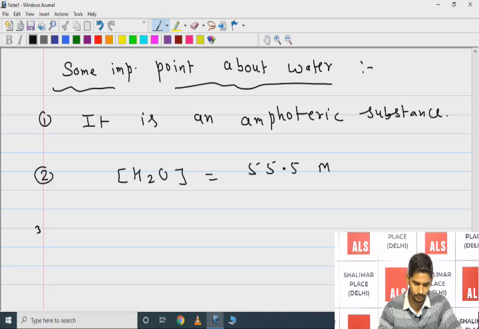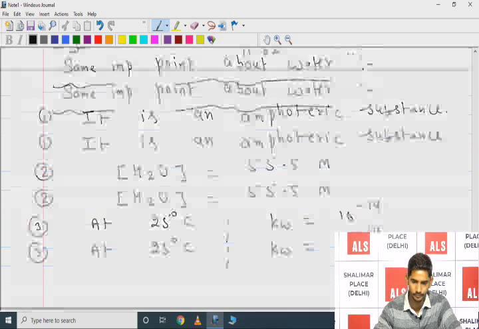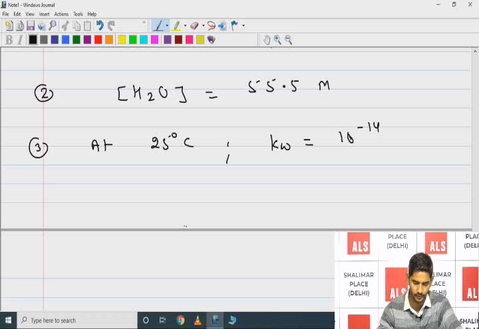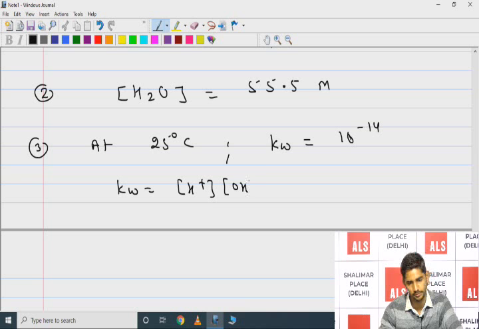Then at 25 degrees Celsius, Kw is equal to 10 to the power minus 14. And we know that Kw is equal to what? Concentration of H plus and OH minus.